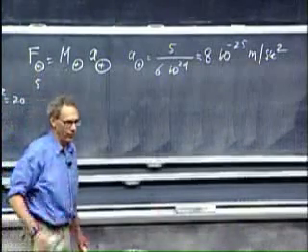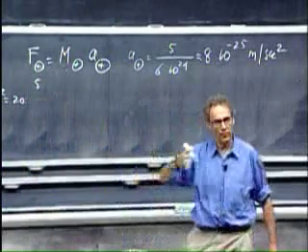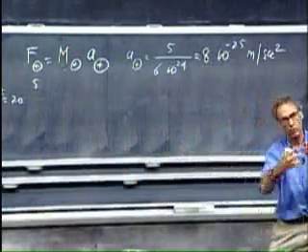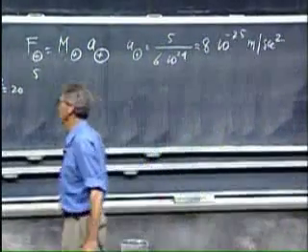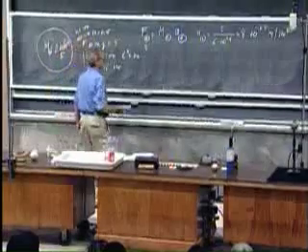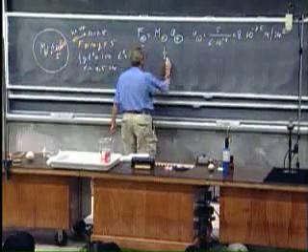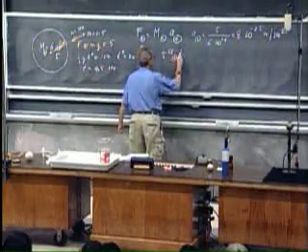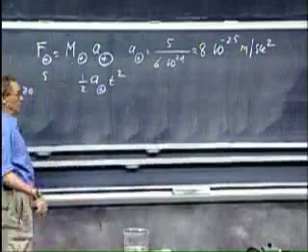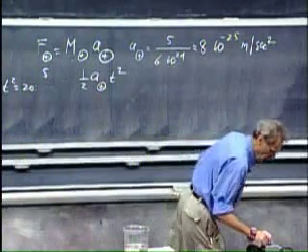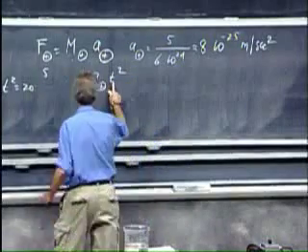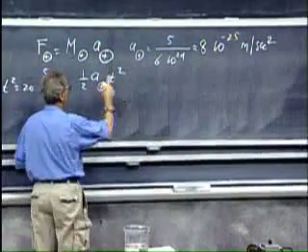How long will the Earth fall? Well, the Earth will fall roughly 4.5 seconds before they collide. How far does the Earth move in the 4.5 seconds? Well, it moves 1/2 a_Earth t squared. It's the distance that it moves. We know a, and we know t squared, which is 20. 1/2 times 20 is 10.